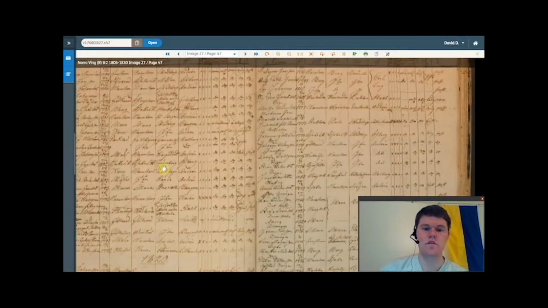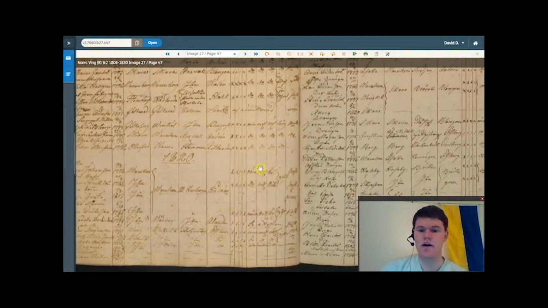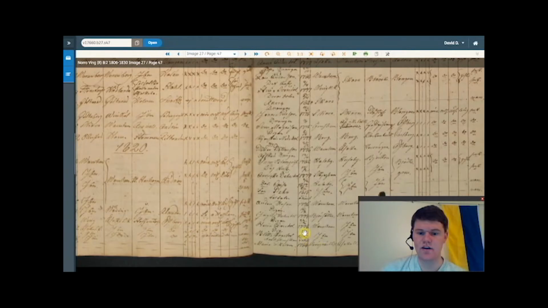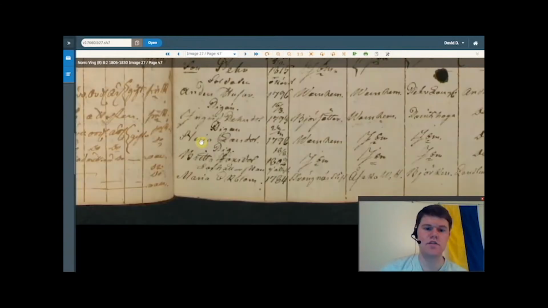To find her, we'd go through and look for her birth year and so on, and eventually we would find her right here, Stina Larsdotter. It can get a little bit harder when the handwriting's trickier, like this one is. It's a little hard to tell that that's what it says. The dot is supposed to be over there.